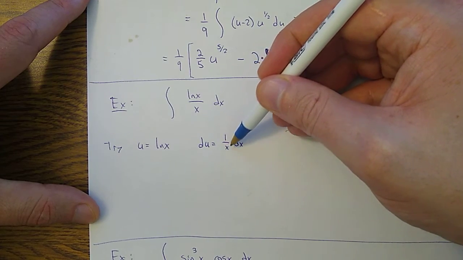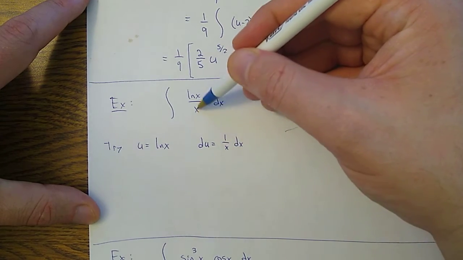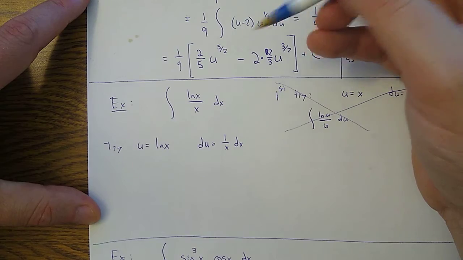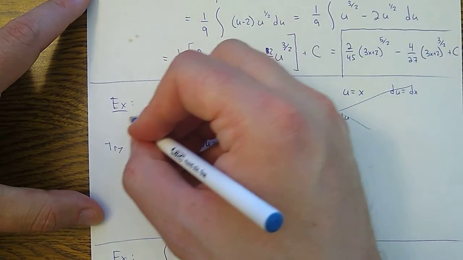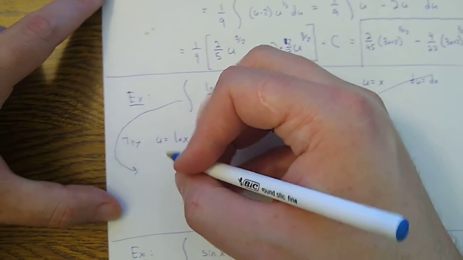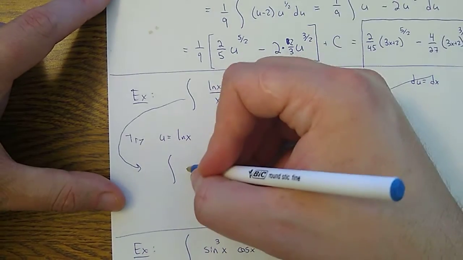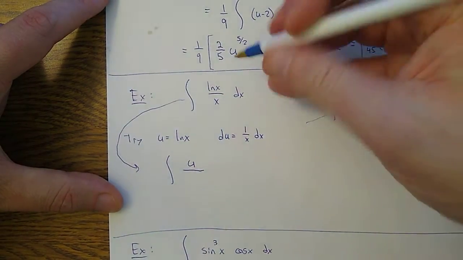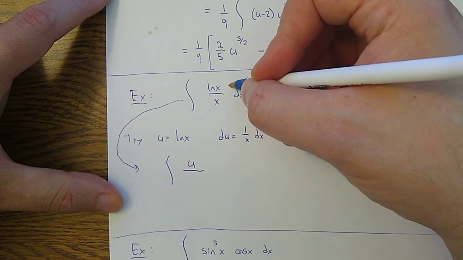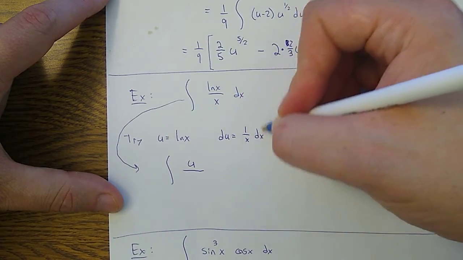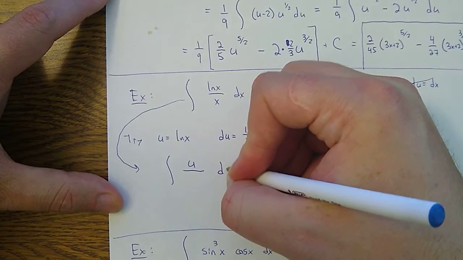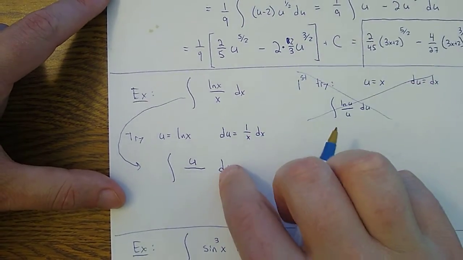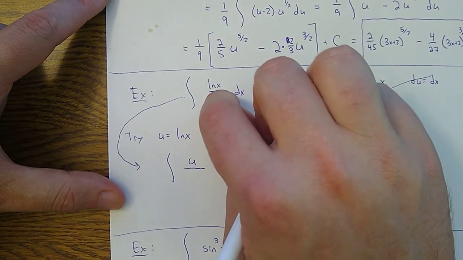Du has an x in the denominator, just like this x in the denominator. So actually, what happens here is this turns into the integral of, let's see, the top is just u. The du is 1 over x dx. So if I write du here, that takes care of this x in the denominator.